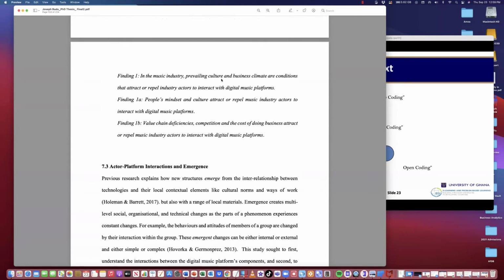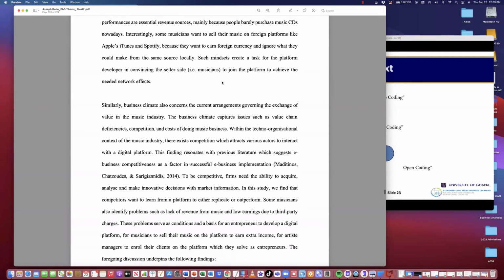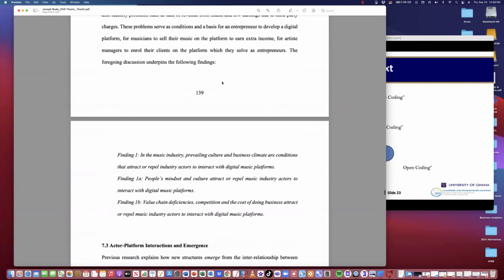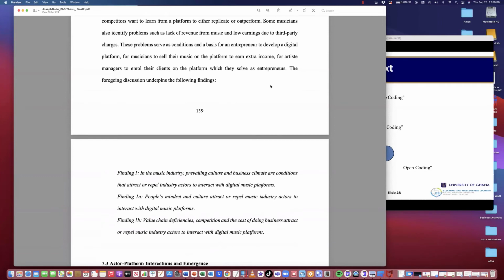And then business climate in brackets: value chain deficiency, competition and cost of doing business. By being able to break it down, he has shown you what we call drawing and verifying conclusions. So I mentioned he's verifying conclusions with the discussion here, then he's producing it at the end. So he says that the foregoing discussion underpins the following findings.